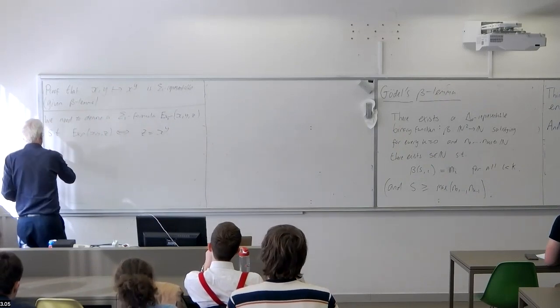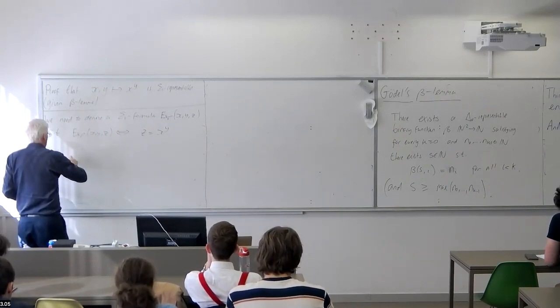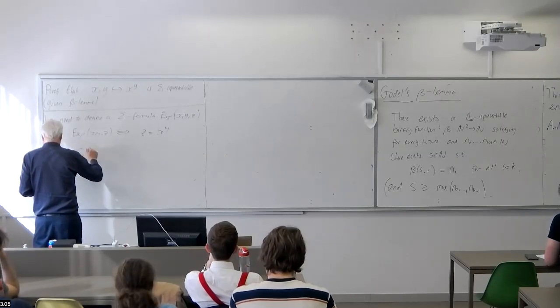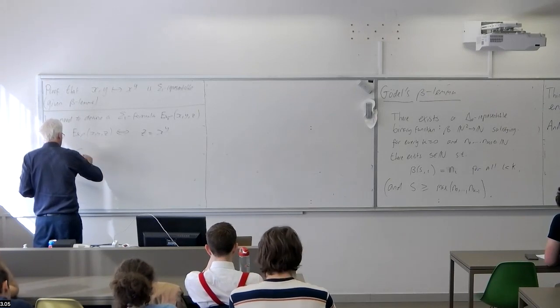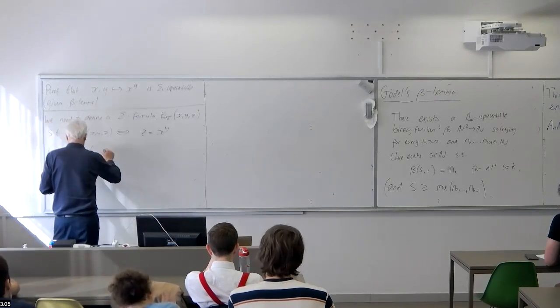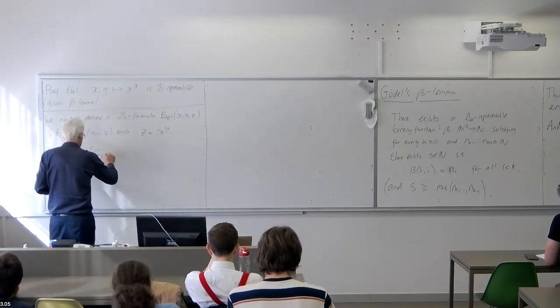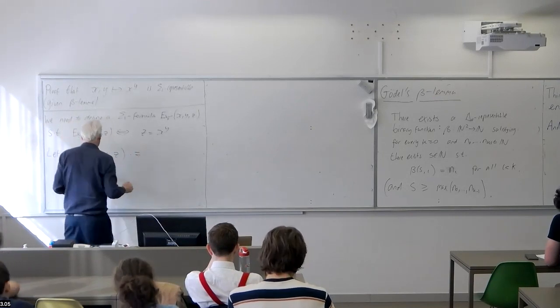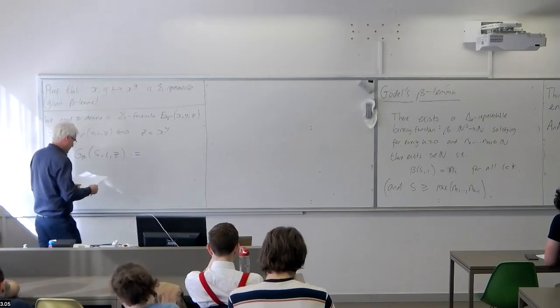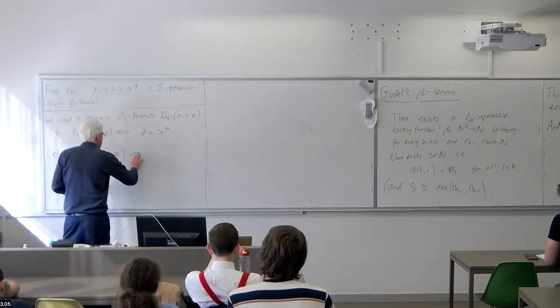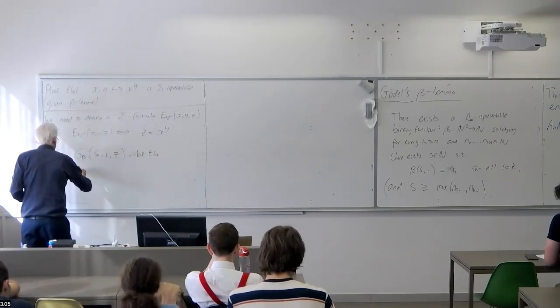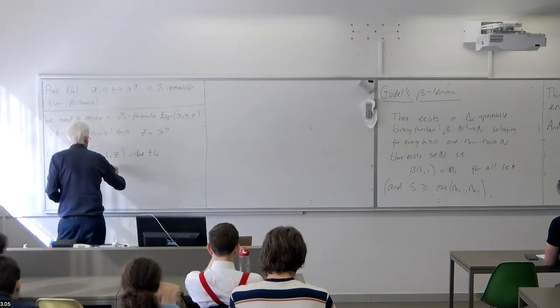So let G beta of S, I, Z be the delta 0 formula representing the beta function.